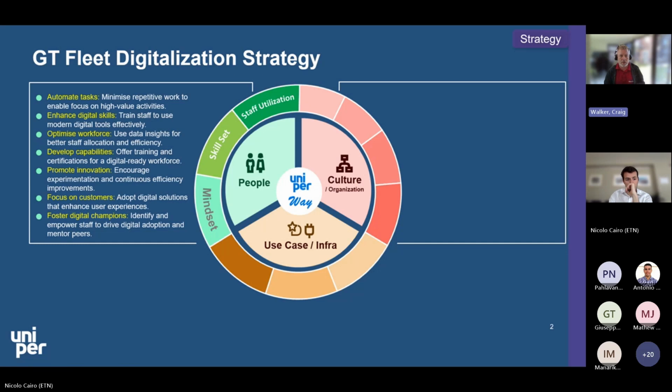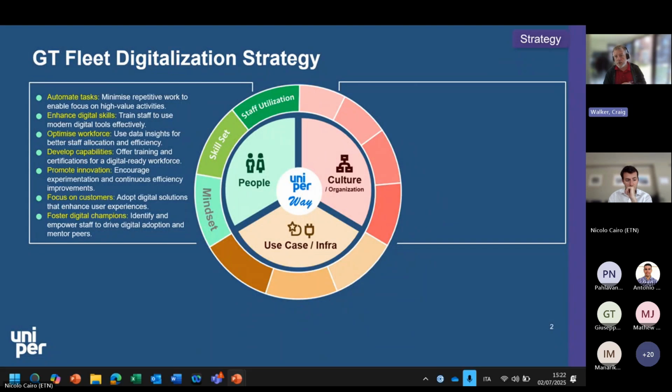So it's about automation of tasks, enhancing digital skills, encouraging digital innovation, promotion from the people who are actually doing the job, and having it focused on our customers and our business partners. And basically we fostered this concept of each site having digital champions and building this digital community across the sites for best practice sharing.